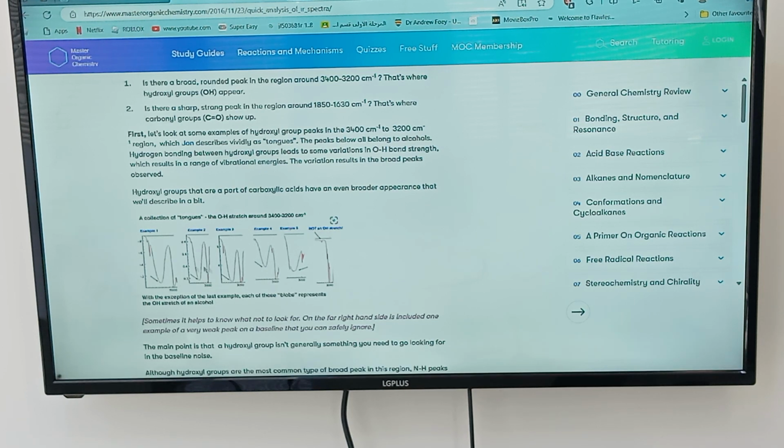Example number 1. The peak between 2070 and 3000. The peak here is rounded, while the peak there is very sharp. Sometimes it's hard to know what not to look for.